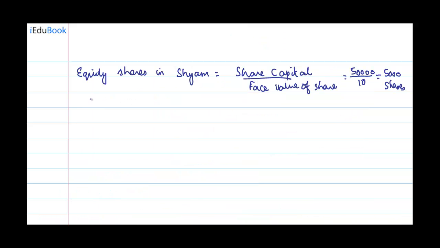Now how much does Ram Limited hold? Ram Limited holds 3,000 shares out of 5,000. To find the percentage, we multiply by 100: 5 goes into 100 20 times, and 20 times 3 is 60%.